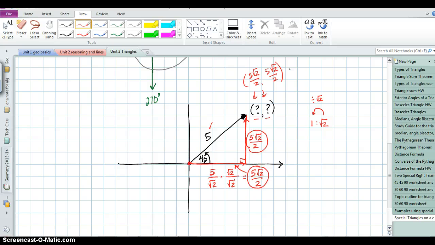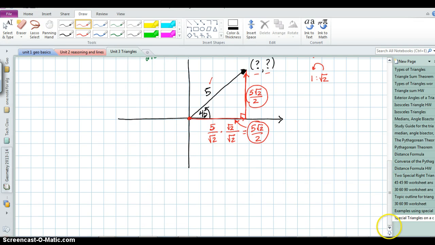So all we're doing is taking our knowledge of the special triangles, in this case the 45, 45, 90, and putting it onto a coordinate grid and finding the coordinates of points using those special triangles.